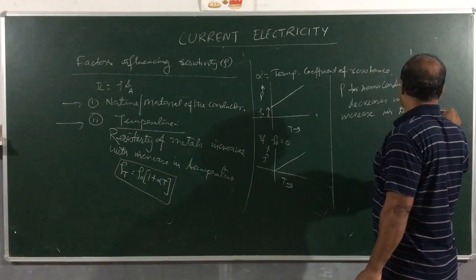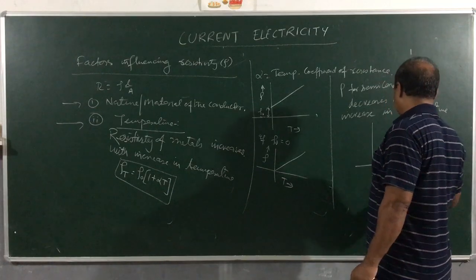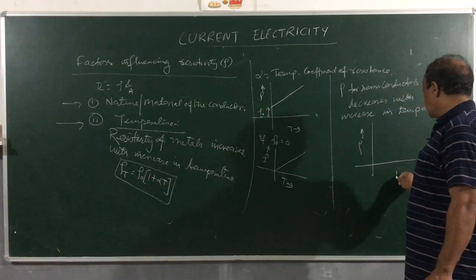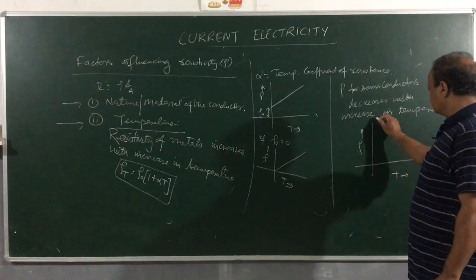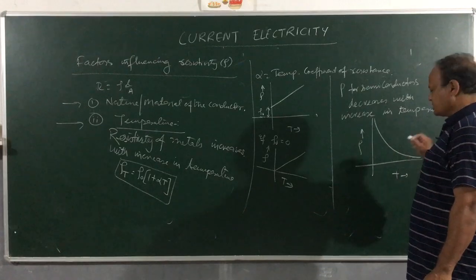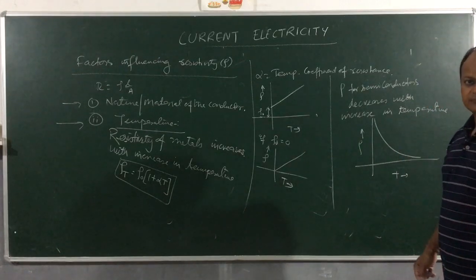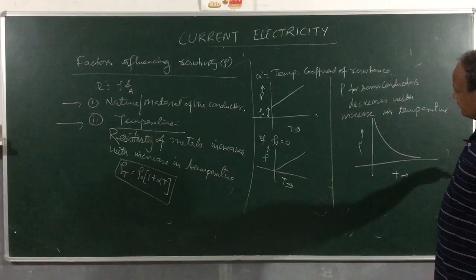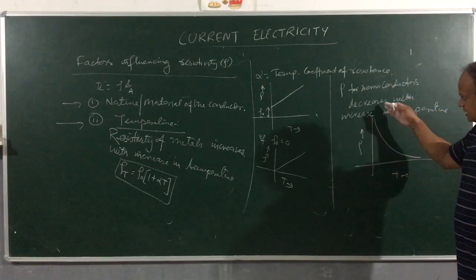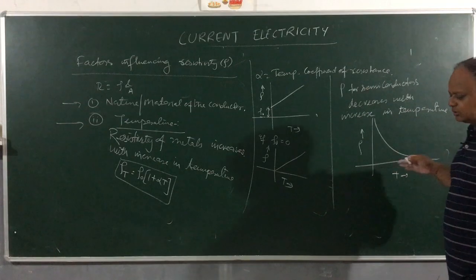Now this is very interesting. If we plot a graph for semiconductors, this is rho and this is T, you must know this graph. Then the resistivity is decreasing, it comes something like this. This is an exponential graph going downwards. You can see as I am increasing temperature, the resistivity graph is coming down.